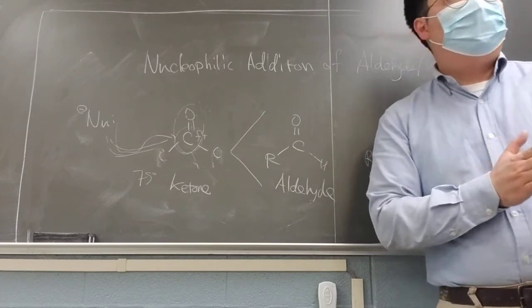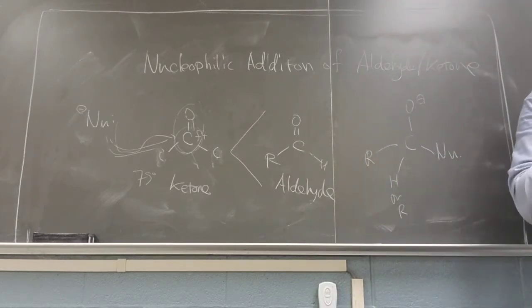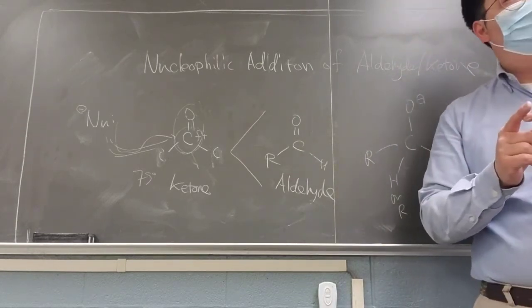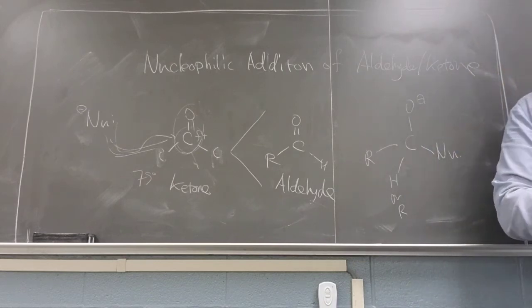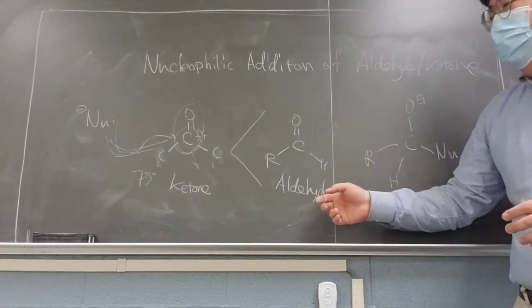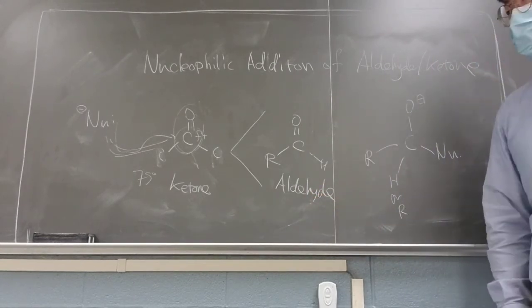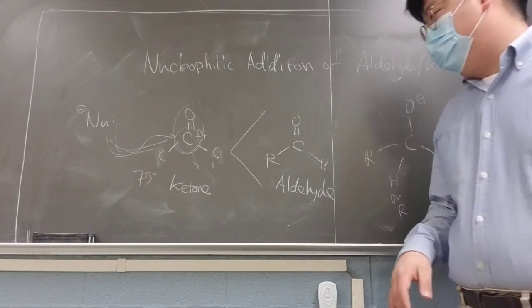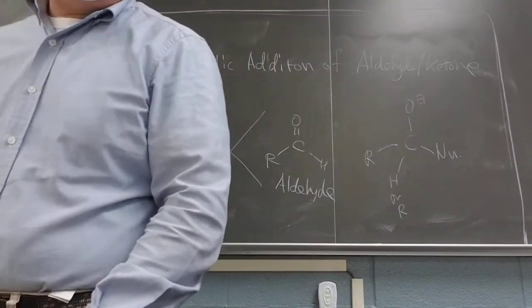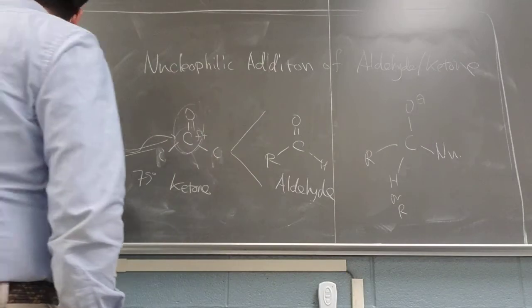Okay? Does it make sense? So 2 reasons here: steric and electronic. This will be on the exam for sure, so please remember this one, because you have to know why aldehyde is more reactive than ketone. Makes sense, right? All right, let's move on.